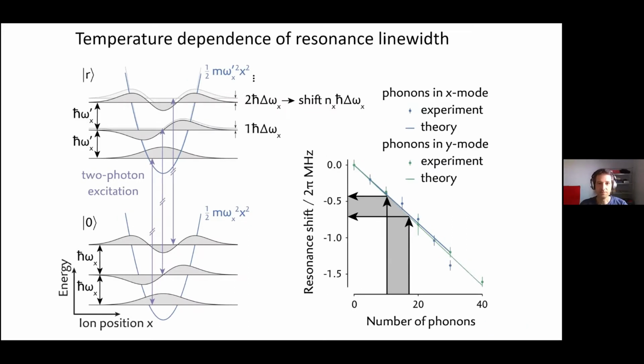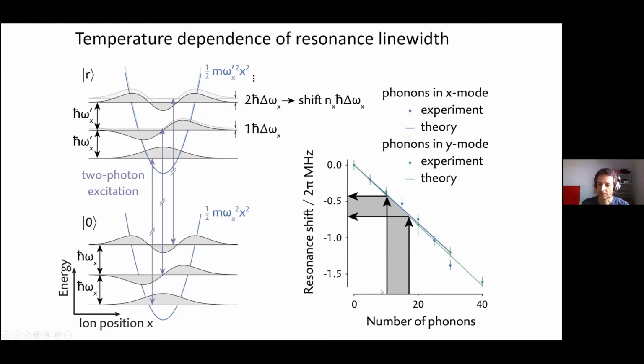Of course, if you don't start in a Fock state of motion but in a thermal state, for instance just after Doppler cooling, you usually have an average population of your phonon states of n equal to 10 or something like that, or 15. Then many states will be populated, and depending on the initial state you have a slightly different resonance frequency.